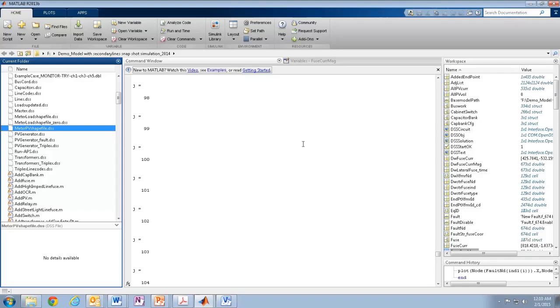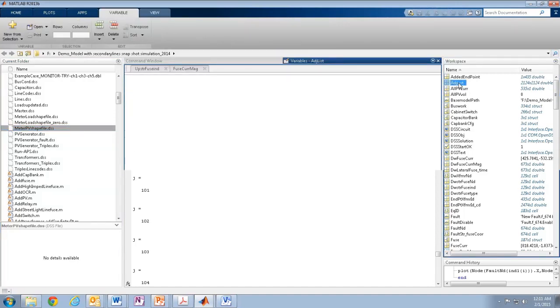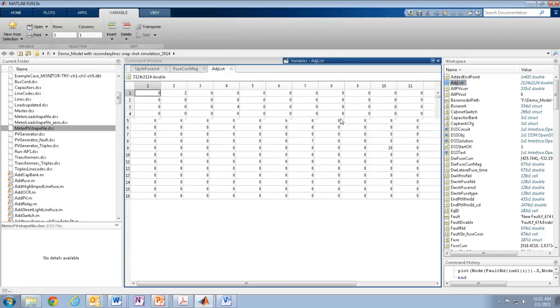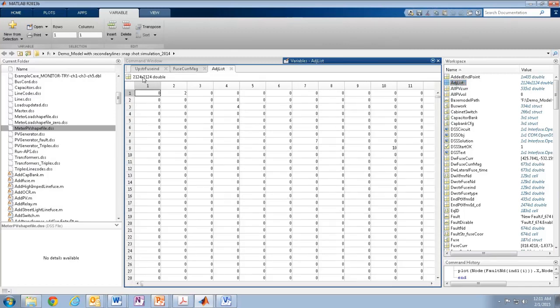So if you come back to our original feeder, which had 2124 nodes, the corresponding adjacency matrix is right here. So that's the 2124 by 2124 matrix shown here, and if you look at the first entry, which is node 1, the node number is not related to the location of the node in the feeder.